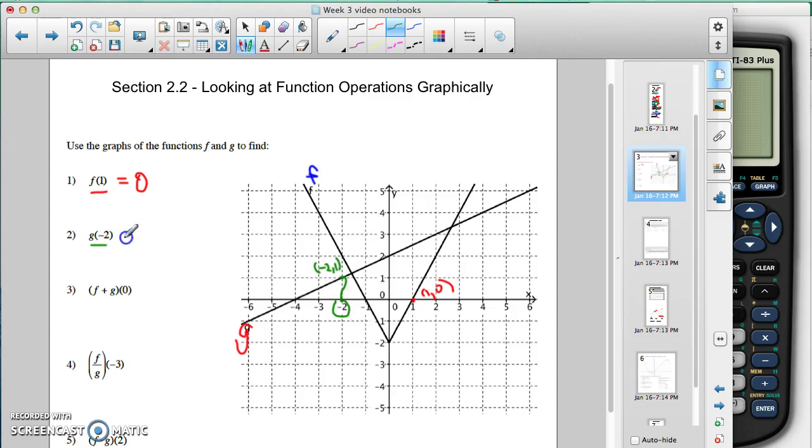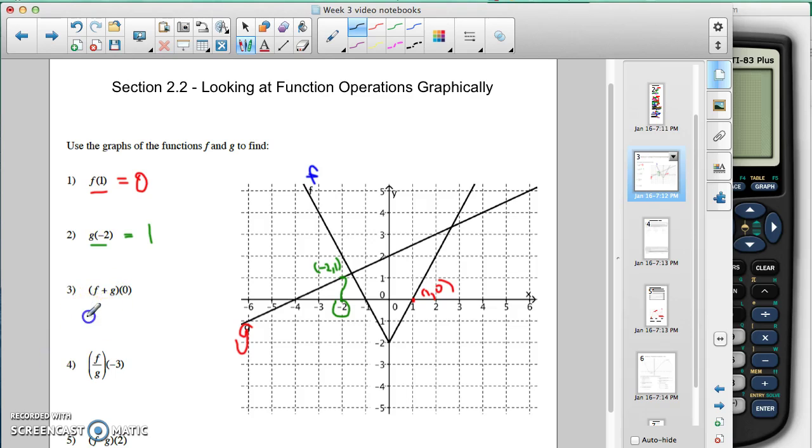So that means our answer to g of -2 is positive 1. Not -1, positive 1.